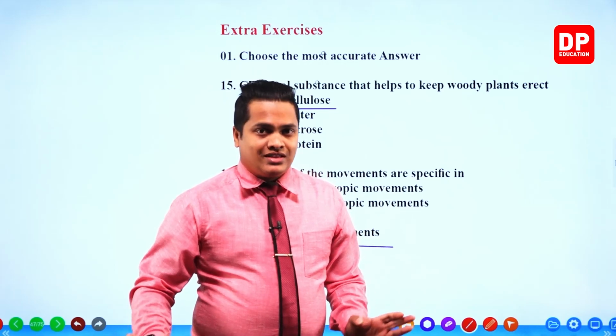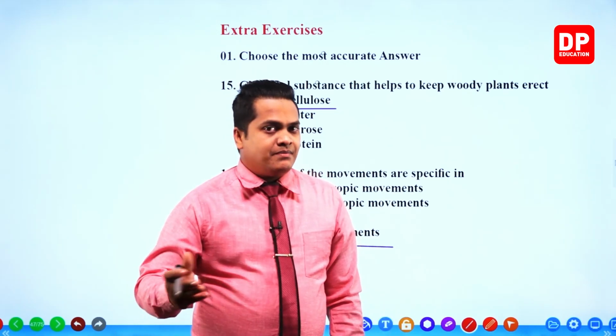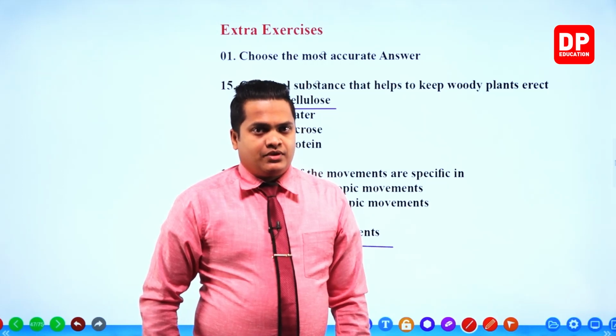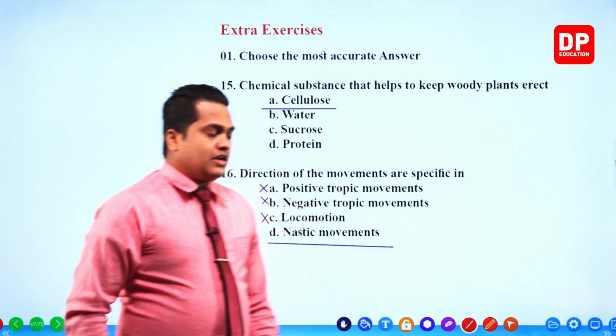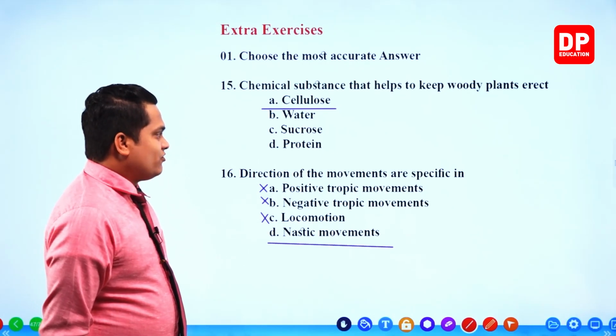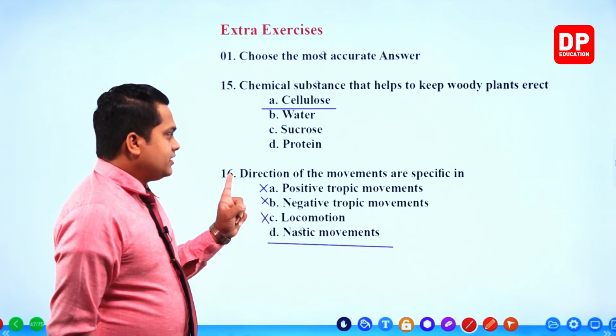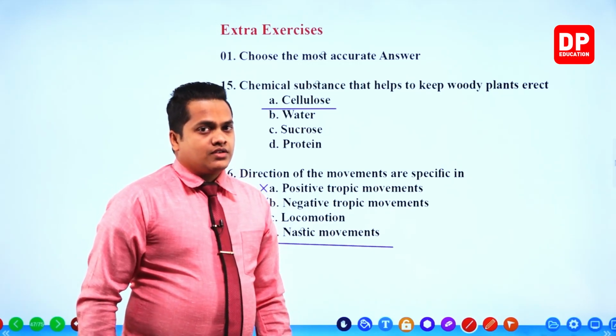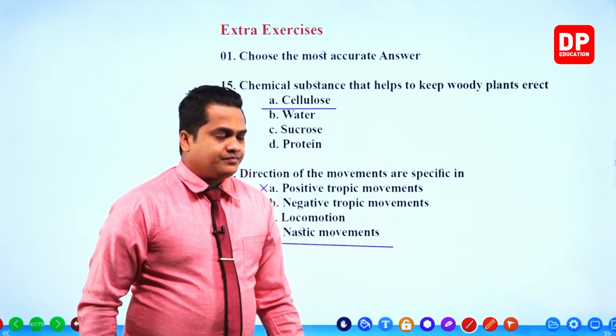It can be to the same direction, or it can be away from the direction of the stimulus. So therefore, our correct answer would be nastic movements. In nastic movements, my dear children, the direction of the movements are specific or same, identical.